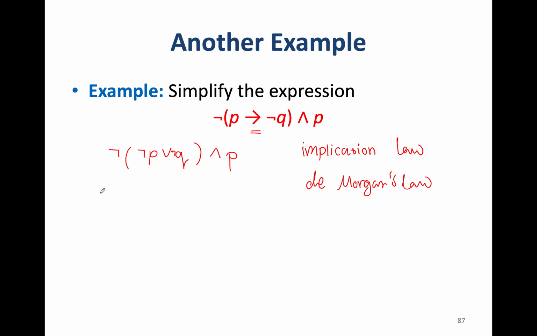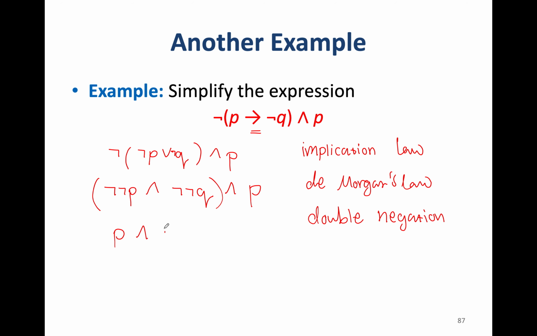In De Morgan's law, in order to distribute the negation, we will have not P, change the connective, then we've got not Q, and P. Now the double negation: not not P will equal P and not not Q is equal to Q. And here we've got and P.